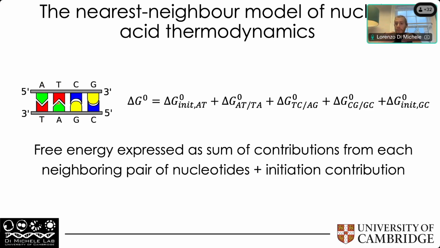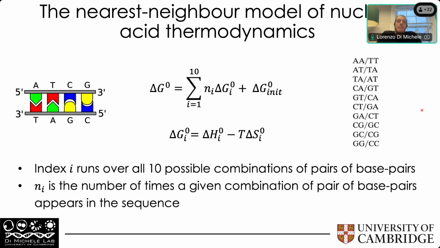So to account for this strong effect of which your neighbor nucleotides are, it is actually much more accurate to write down the free energy as a sum of terms that again account for the neighboring pairs of base pairs. And then on top of that, you have some initiation parameters that depend on which nucleotides you have at the beginning and at the end of your duplex. So in this case, AT on one side and CG on the other side.